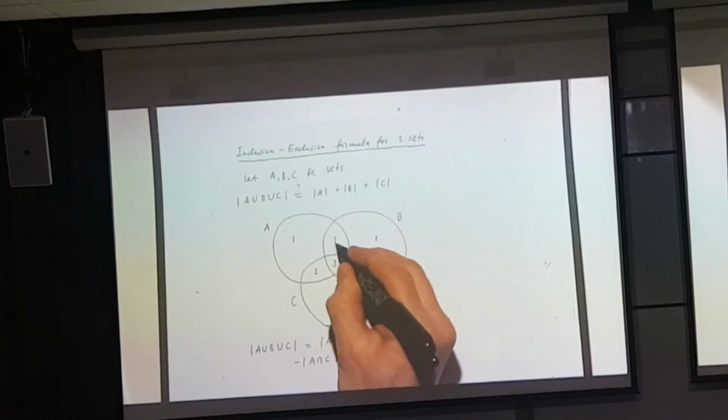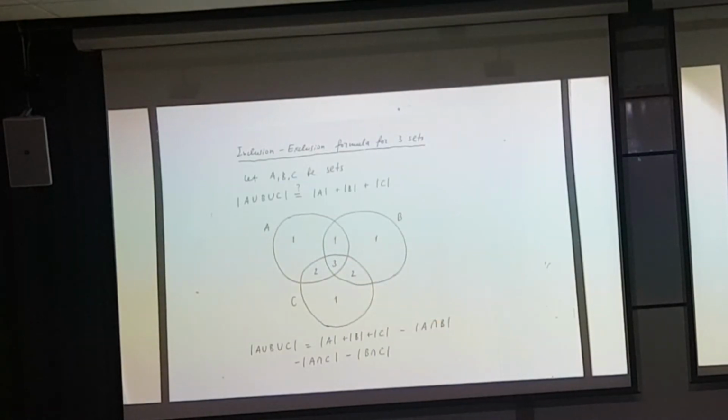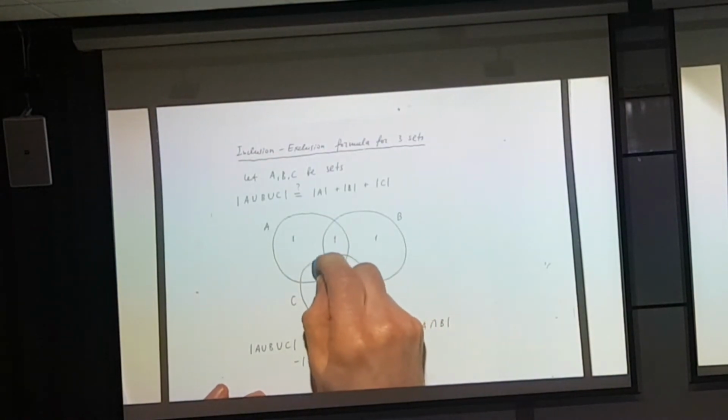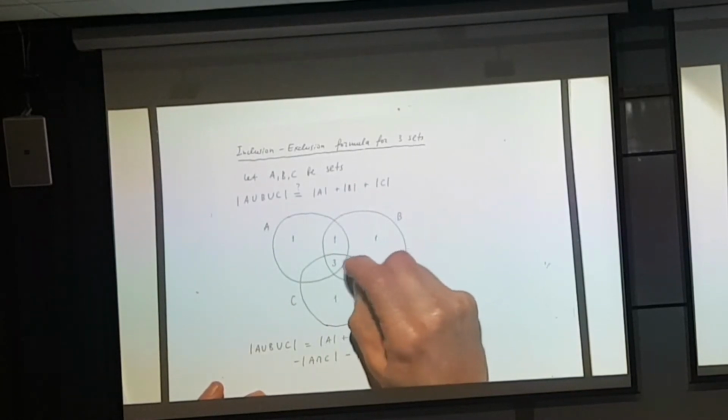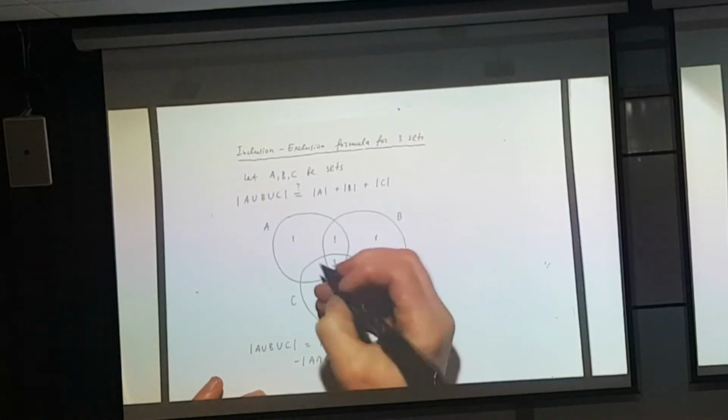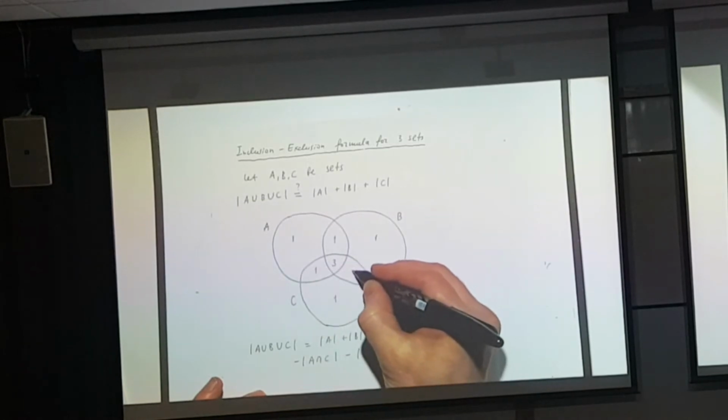So those are now singly counted. And the same goes for the elements in the other double intersections but not in the triple intersection.